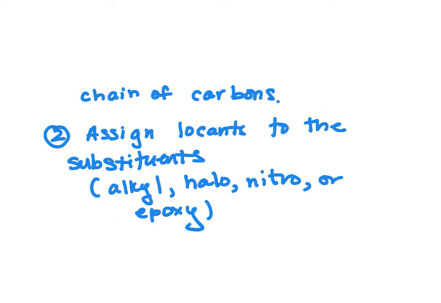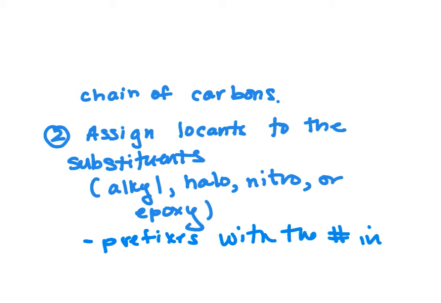And then we have to assign locants to the substituents, and those substituents will either be alkyl, halo, nitro, or epoxy substituents. They will be listed as prefixes with the number in front, and they will be listed alphabetically.